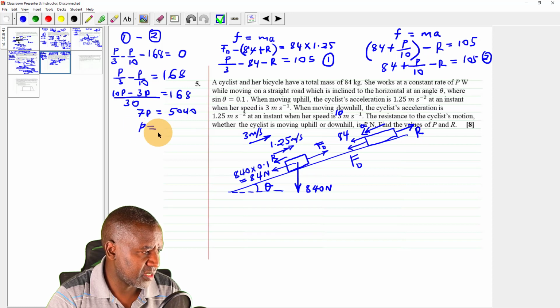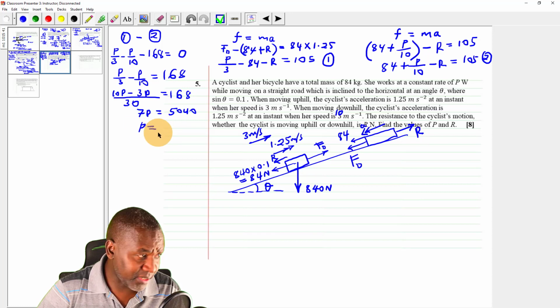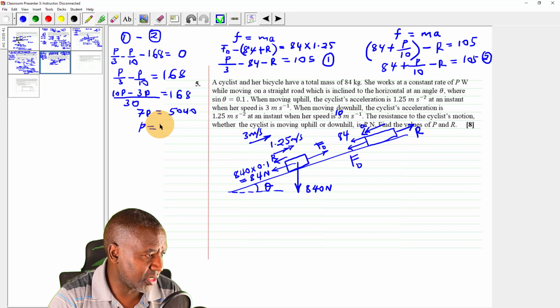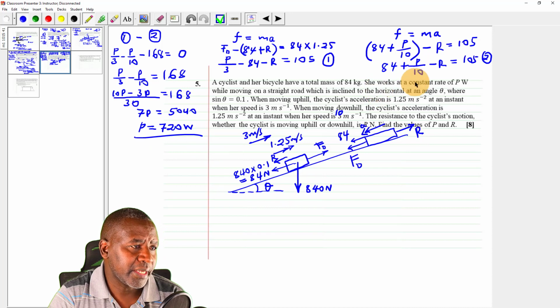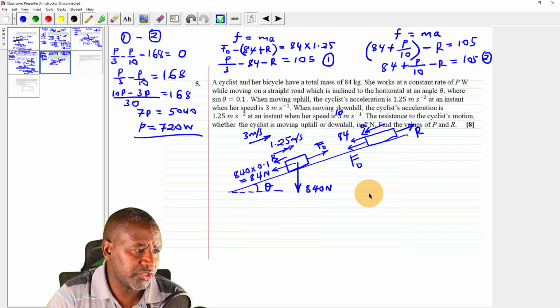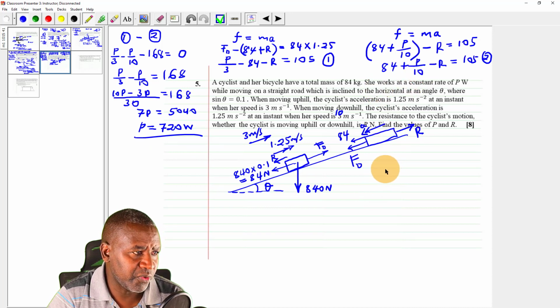And the power will be that number divided by 7, and I have 720 watts. Once I have the power, I can substitute into an equation like number 2 here, where I'm going to have 84 plus the power, which is 720 divided by 10, minus R, equals 105.